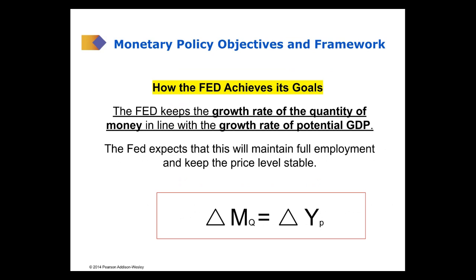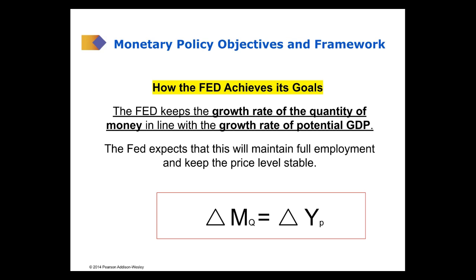Now, the Fed achieves its goals in monetary policy by keeping the quantity of money in line with potential GDP. And so this is the quantity theory of money in action, that the growth in the amount of money in the money supply is going to be proportional, or should be proportional, to the growth in real GDP.